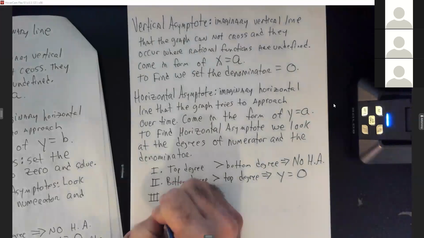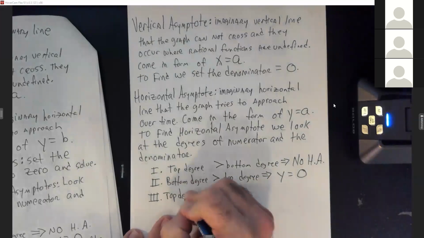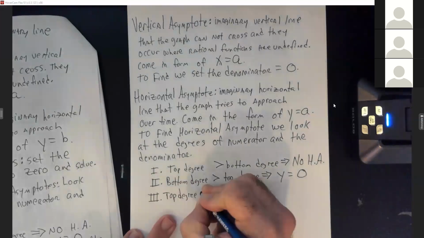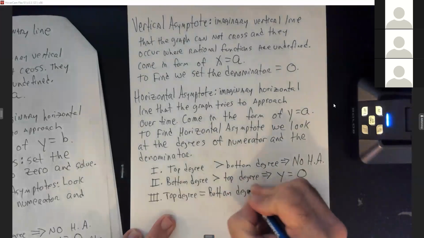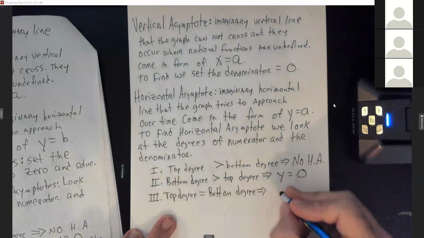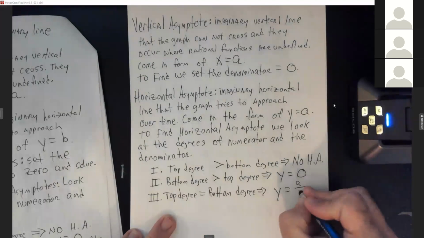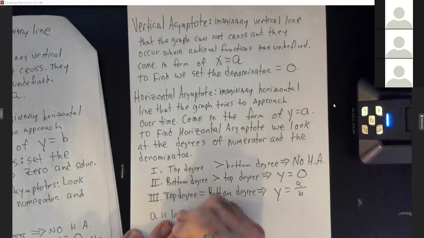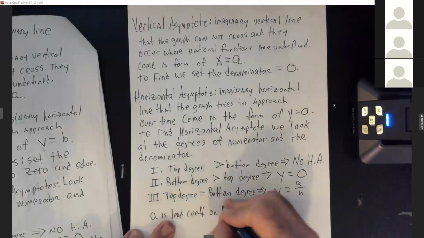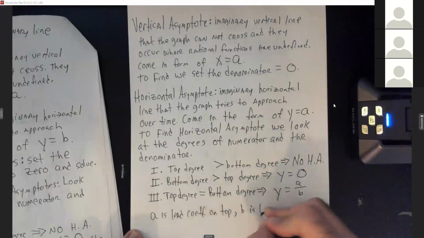Case 3 is the top degree equals the bottom degree. If that happens, y will equal the ratio of A over B. A is the lead coefficient on top. B is the lead coefficient on the bottom.